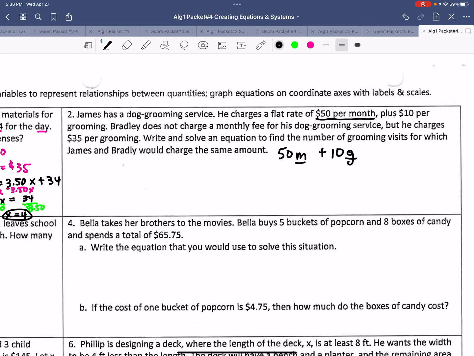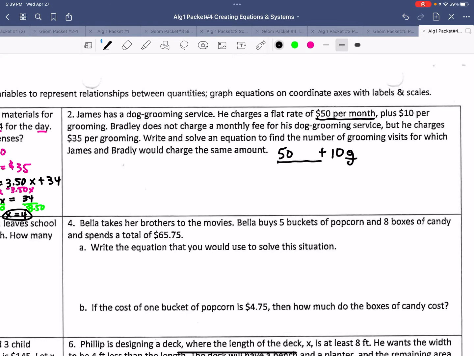Bradley does not charge a monthly fee for his dog grooming service, but he charges $35 per grooming. Write and solve an equation to find the number of grooming visits for which they would charge the same amount. Okay, so even though it says a month, it looks like we're just solving for 1 month, okay?